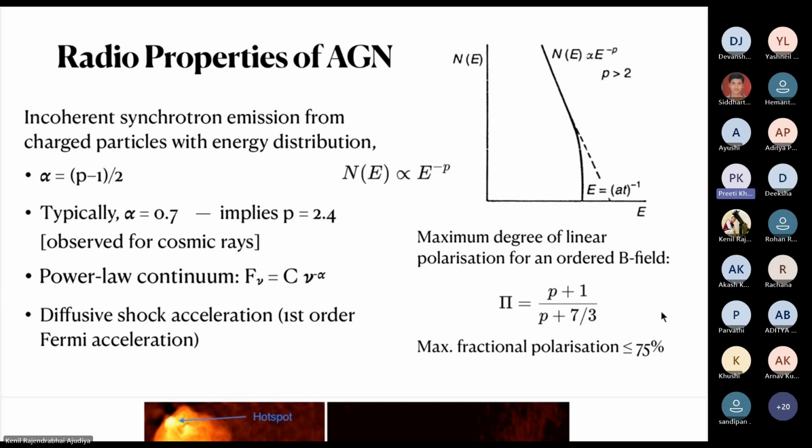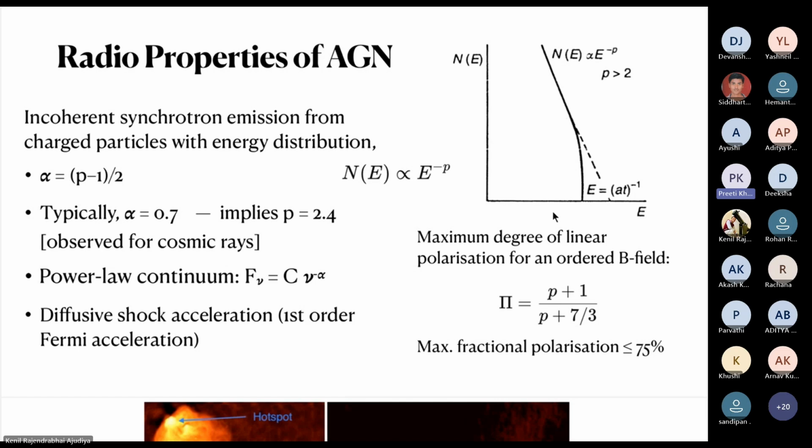Now I will tell you a little bit of the details of this radio emission. I've already mentioned alpha. Alpha is the slope of the synchrotron emission that you see, and it is related to the slope of the energy distribution of the particles which are producing these photons. Now I'm showing you a plot which gives the distribution of the energies of the charged particles which are producing the synchrotron radiation.